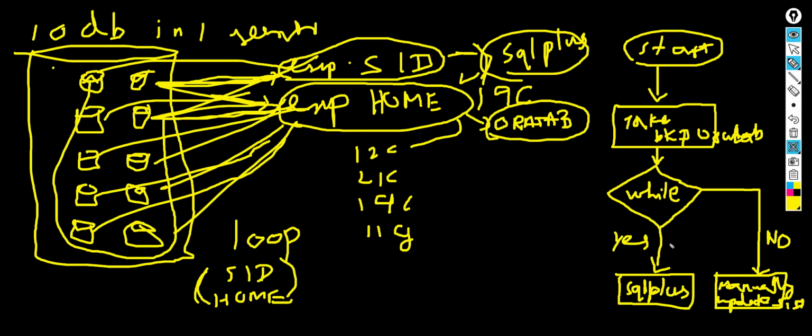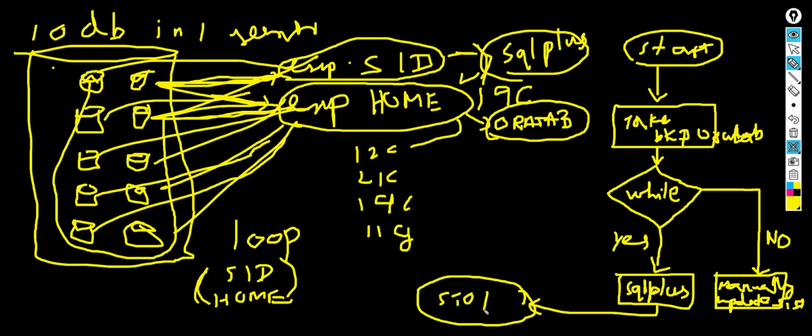Okay, so if it connects to SQL Plus, then that's it. It will get the result and then we will stop the script and also the loop, right? So first it will start from here, then the while loop will scan all these databases and go to this particular database, then again scan all these databases, so it will end here.